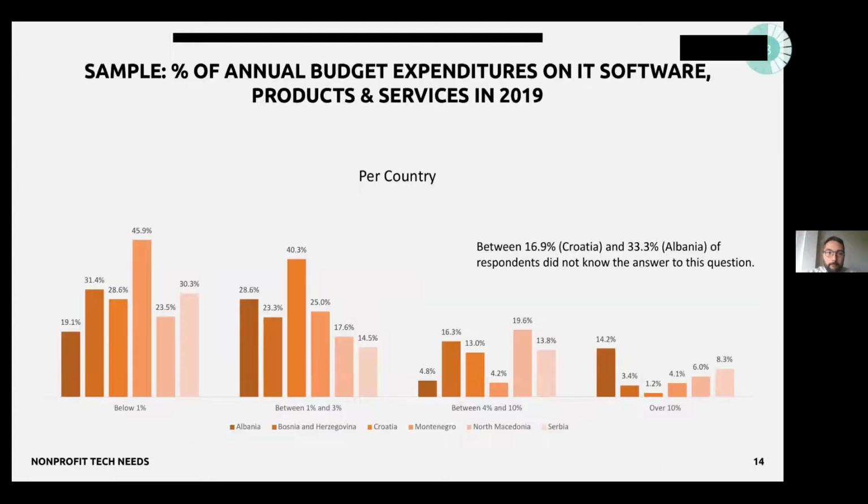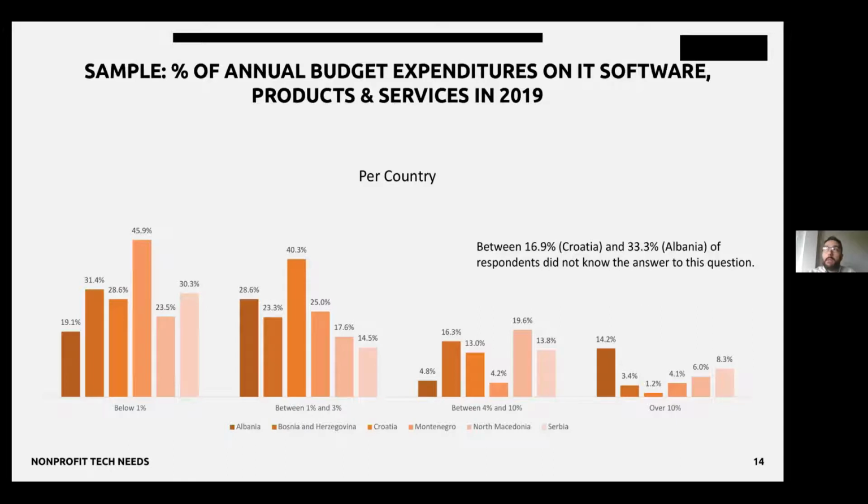And when we see the annual budget expenditures on software, we see that this is also very concerning. You see that very few organizations in the entire region spend more than 5% of their budget on software. So that is a problem. Spending money on software is often seen as wasting money.